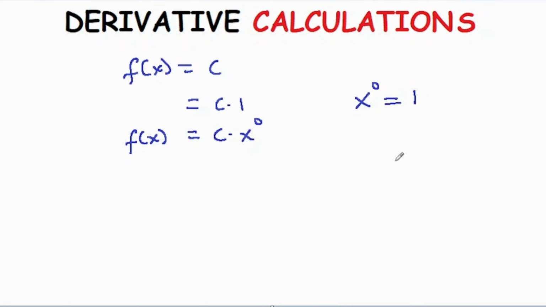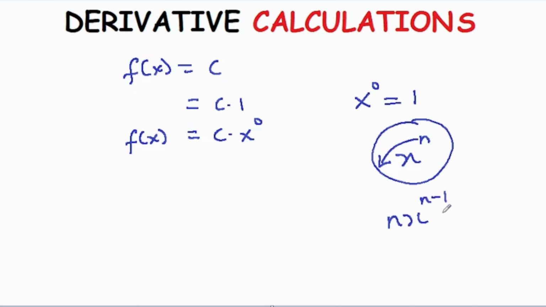Now let's use our power rule. Recall that if you have a power function and you want to find its derivative using the power rule, you bring down the power, which is n, you have your x, then you decrease the power by 1.